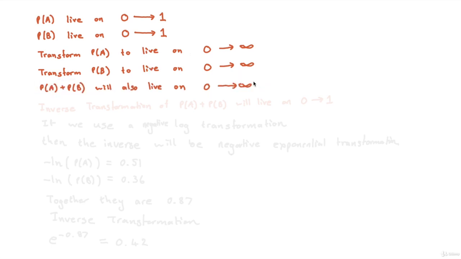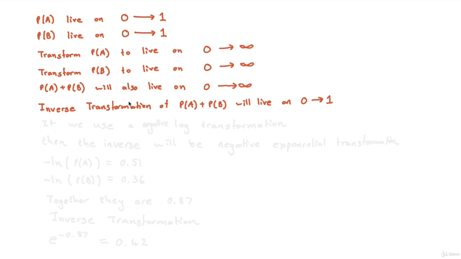And when we start adding them together, they're also going to be living on this 0 to infinite space, which means we can add as many probabilities as we want, and we're not going to exit the state space. Then once we've added all of our probabilities together, we simply take the inverse transformation of the sum. And because we're taking the inverse transformation, the sum is now going to live back on 0 to 1, and it's therefore going to be a probability again.